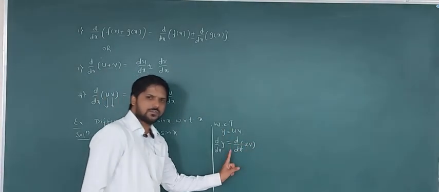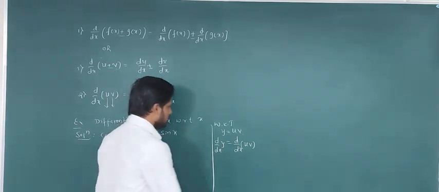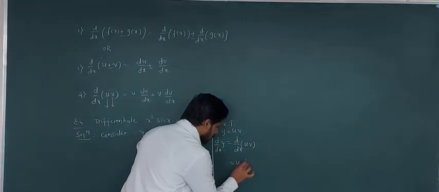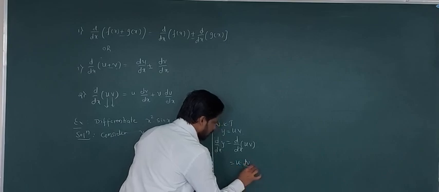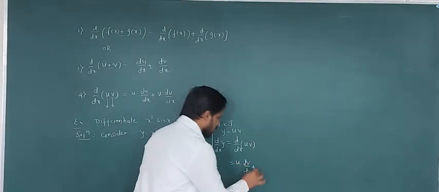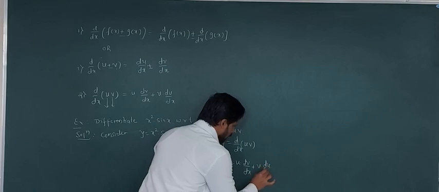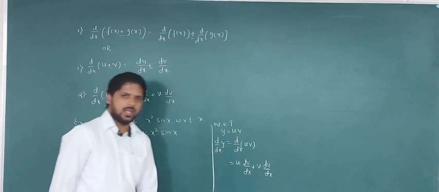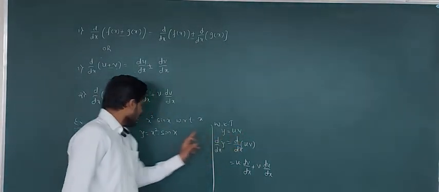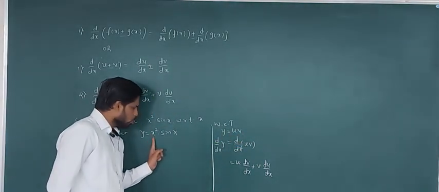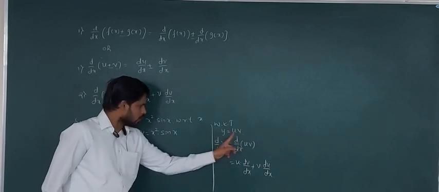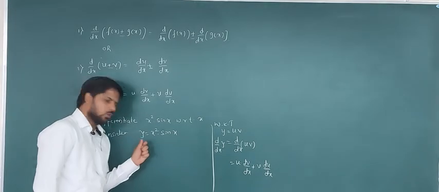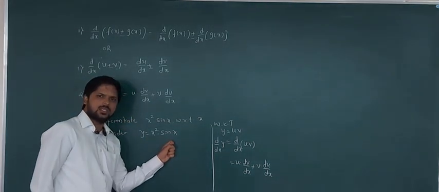Here u is the first function, v is the second function. That is, keep u constant and differentiate the second function, dv by dx, plus keep v constant and differentiate the first function, du by dx. Comparing these two, in place of u we have x square, and in place of v we have sin x.